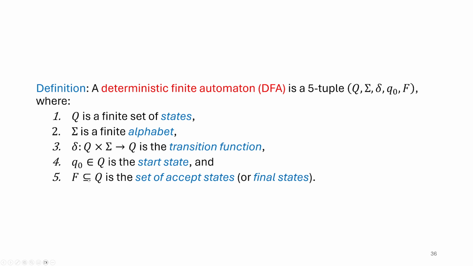Whereas here we're saying F is a subset, meaning the number of accept states potentially could be all the states. If it's all the states, that means we accept every string, so that's kind of a little bit silly. It certainly can be more than a single state. That's what I'm trying to emphasize here, that our F could potentially be 4 or 5 different states, whatever it might be for that particular machine.